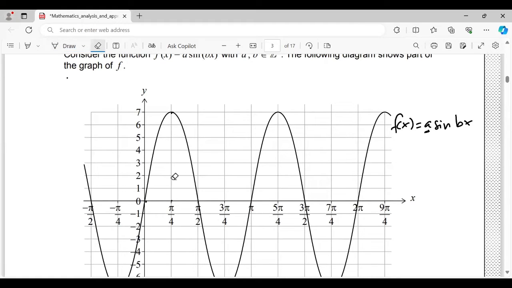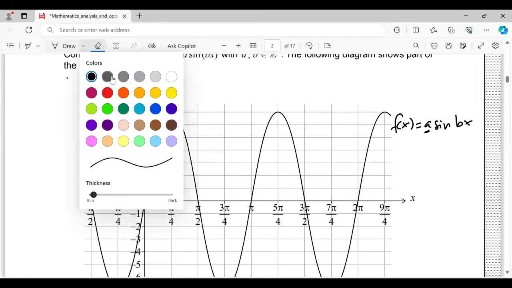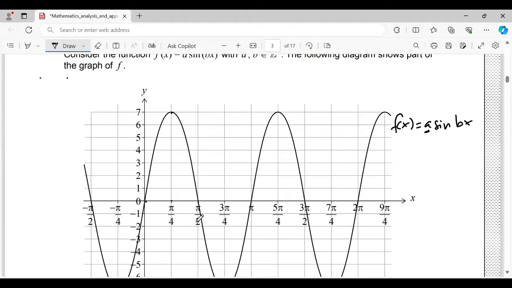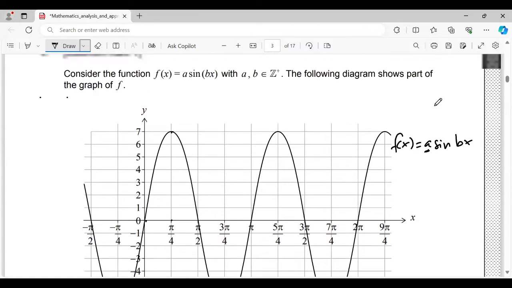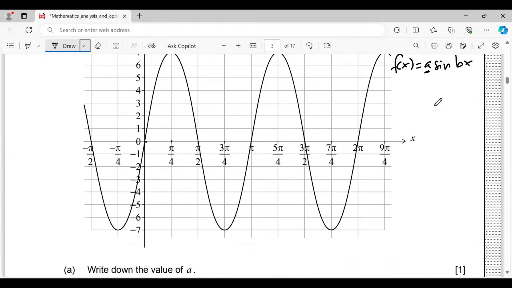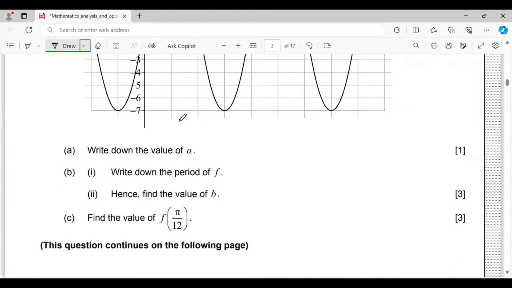So the amplitude is the distance from 0 to the maximum and to the minimum point. So a equals 7.